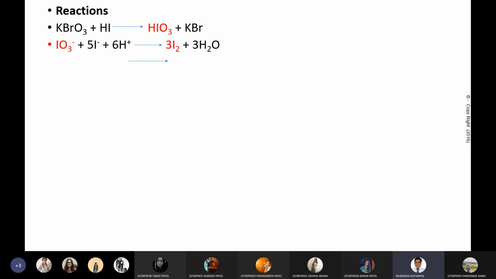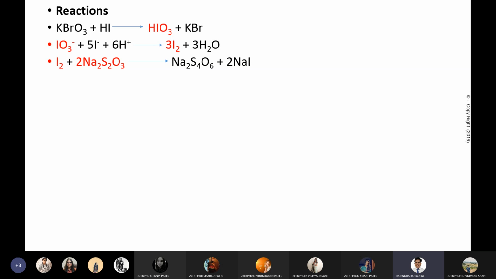From these three molecules, one molecule will react with two molecules of sodium thiosulfate, and it will form Na2S4O6. So these are the three reactions that normally take place when we talk about standardization of sodium thiosulfate.